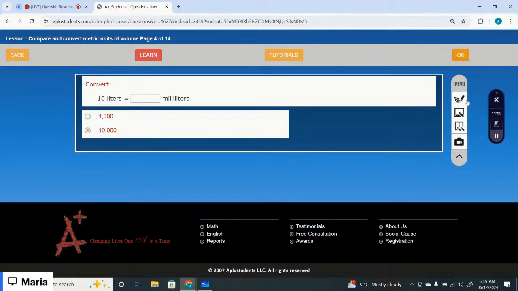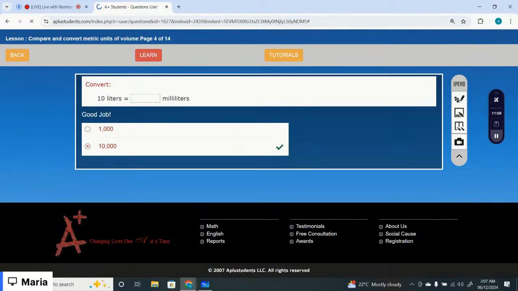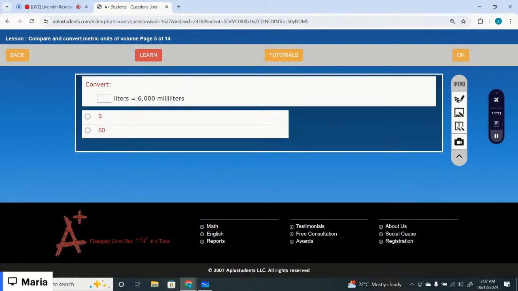Option number two is the correct option. 6,000 milliliters equal how many liters? That is 6 liters.